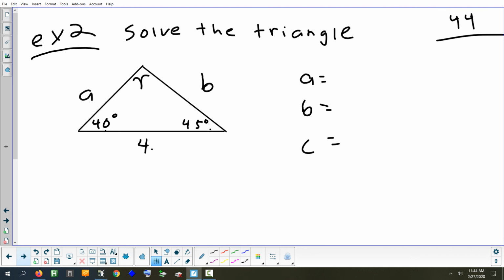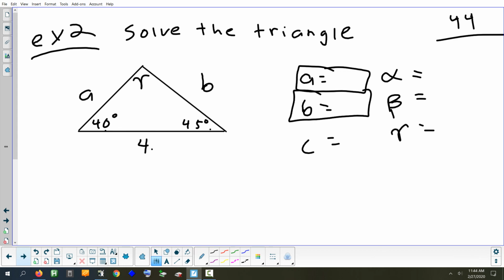So 3 sides, 3 angles. Okay. Do I know side A? No. Do I know side B? No. Do I know side C?